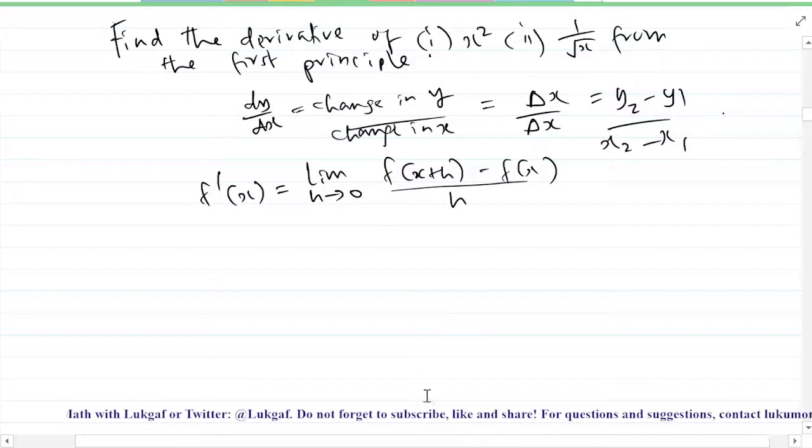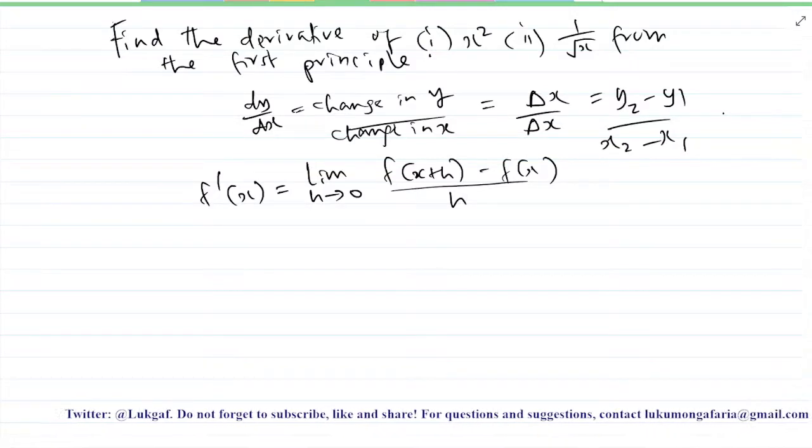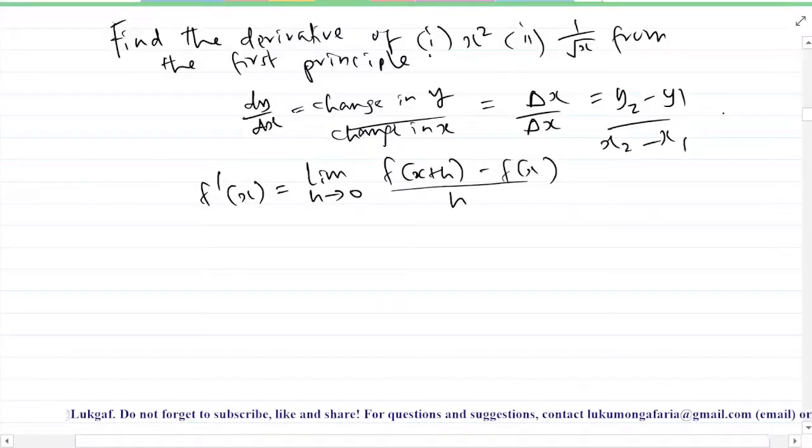So, limit as h tends to 0 of [f(x plus h) minus f(x)] divided by h. We all know what the limit of a function means. And we know that f prime of x here means the derivative, which is the same thing as dy/dx, or y prime.